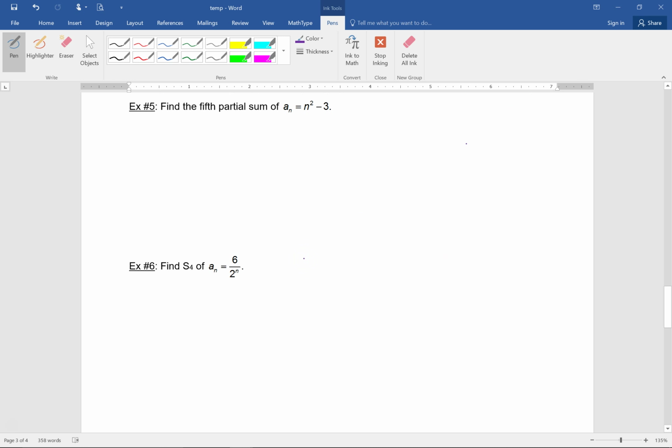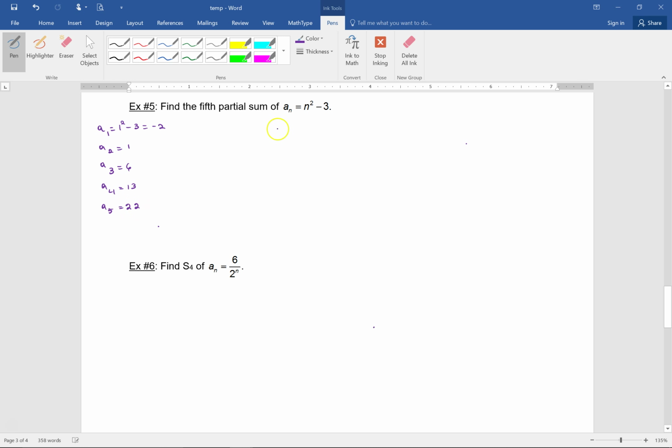So here, find the 5th partial sum. How many numbers do I need? 5. So we're going to have to find the first 5 numbers. This formula will help us generate those numbers. So A1 is -2, A2 is 1, A3 is 6, then A4, and A5.